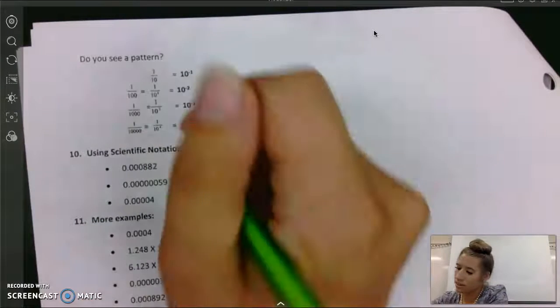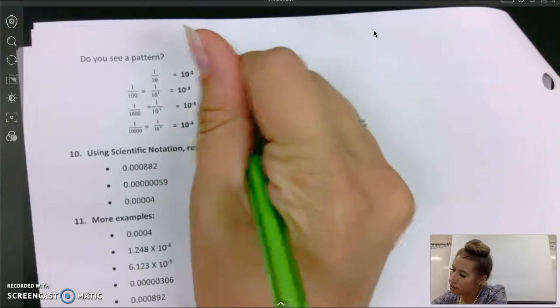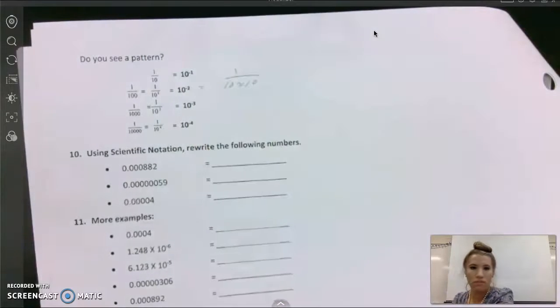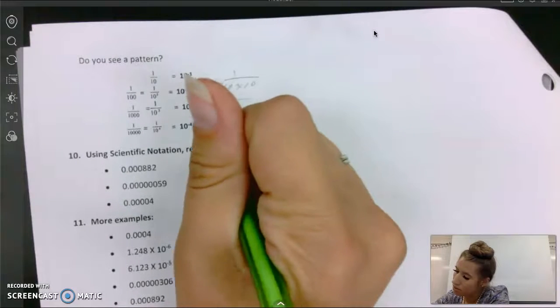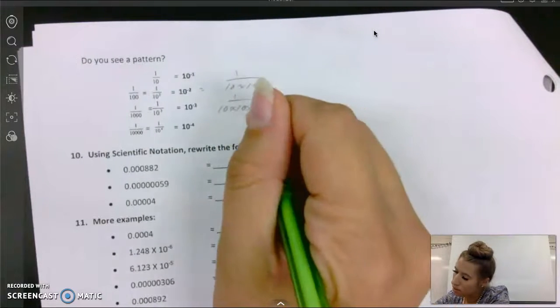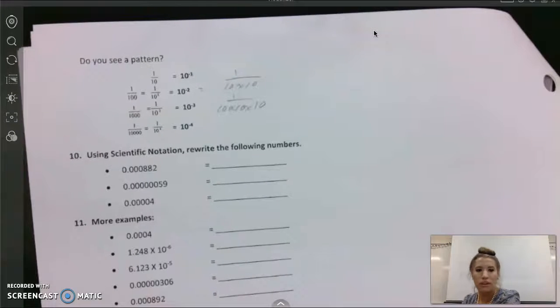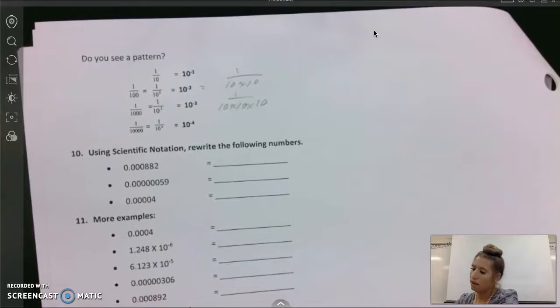You could rewrite this as 1 over 10 times 10. And you could continue with that idea. 1 over 10 times 10 times 10, and that would be times 10 to the negative 3. So keep that pattern in mind.